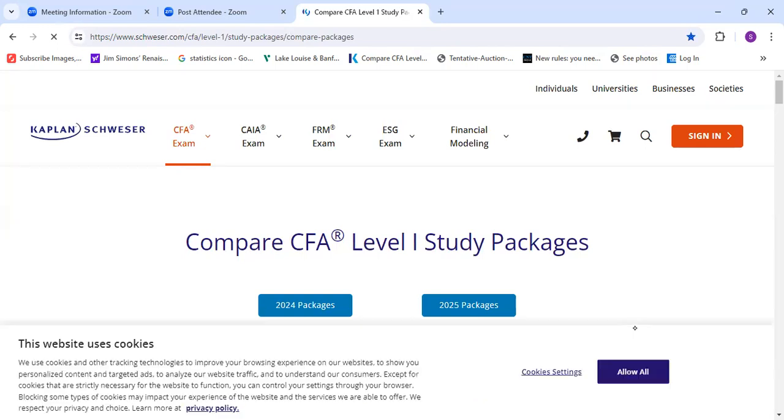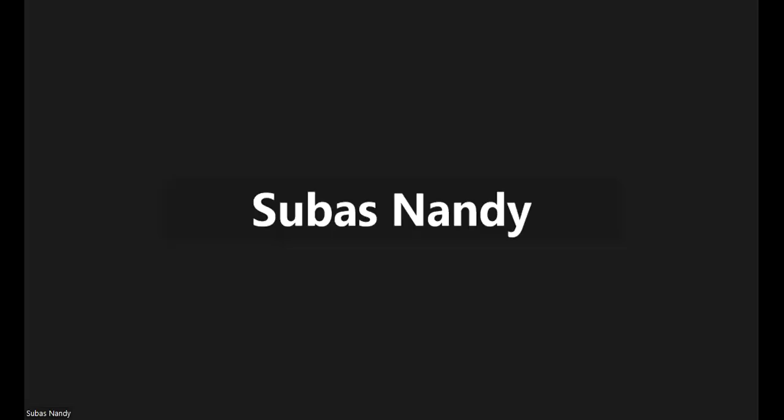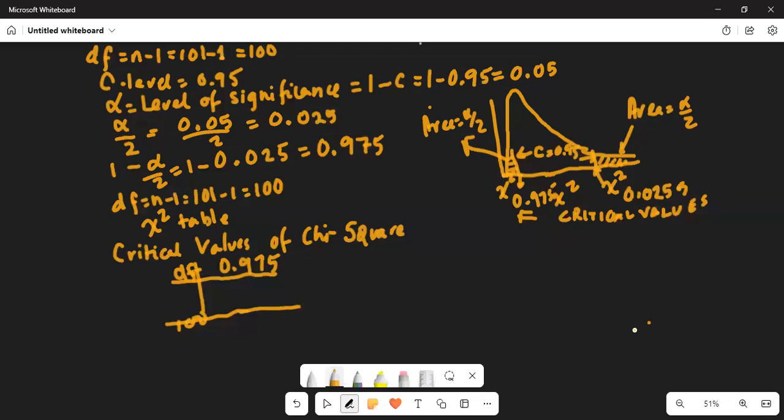If I go back to my stop share, with 100 I draw a vertical line through 0.975. This one will be chi-square 0.975.